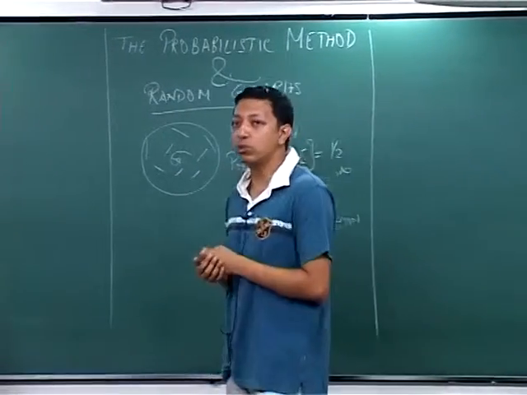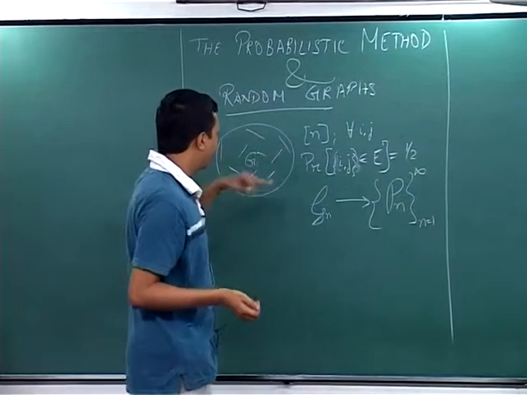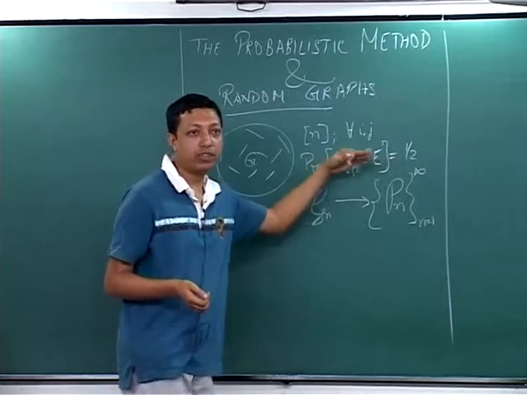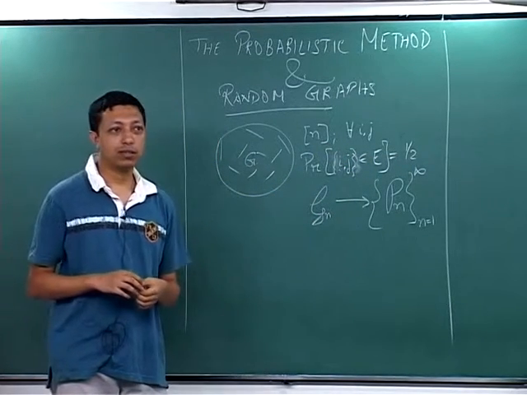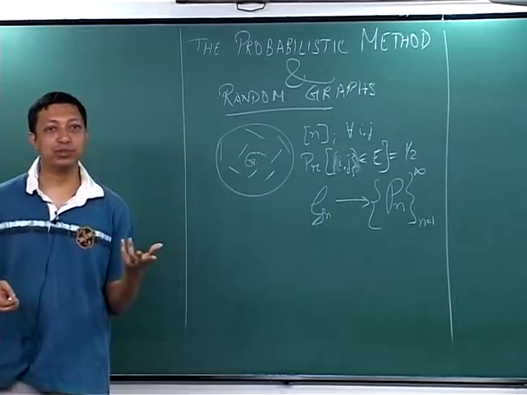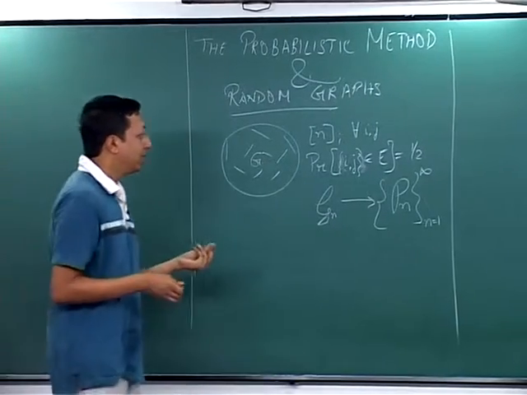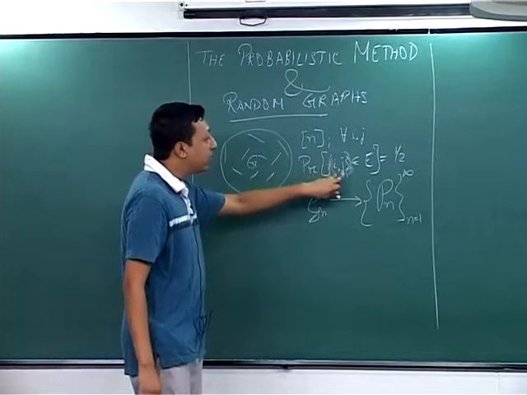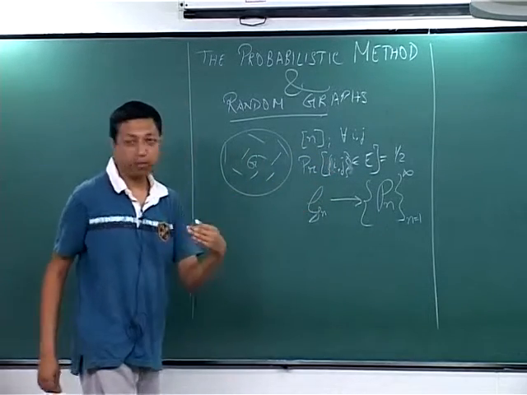So what kind of distribution are we looking at when we talk about this graph where every edge exists with probability half? Okay, it's the uniform distribution. We kind of talked about it yesterday. Because whether the edge exists or doesn't exist, the probability corresponding to the edge is the same.